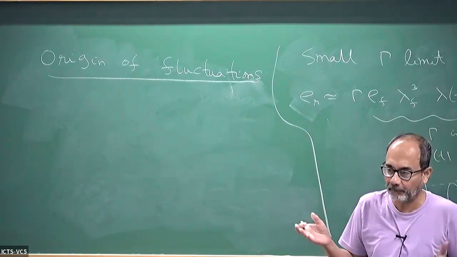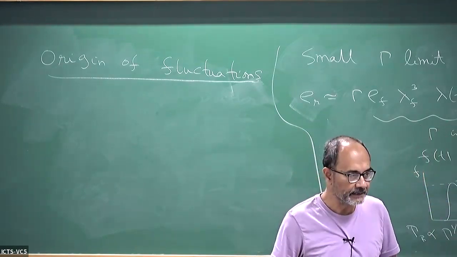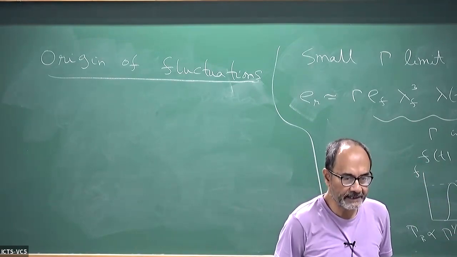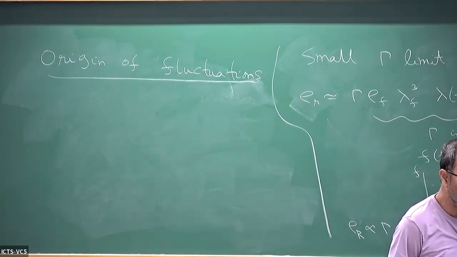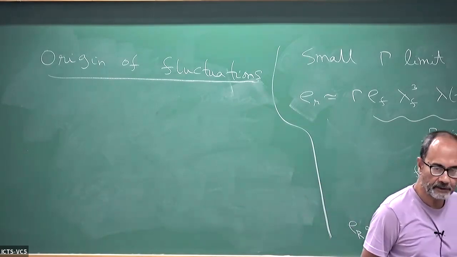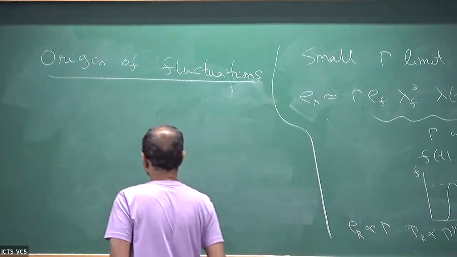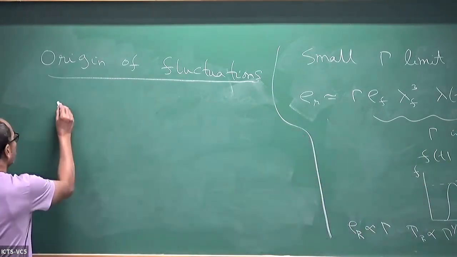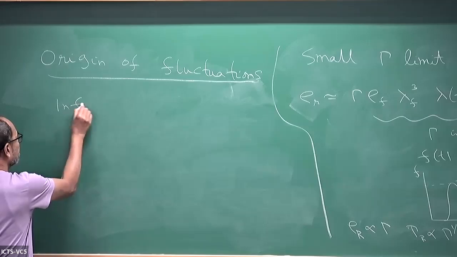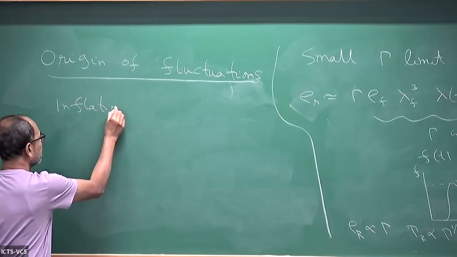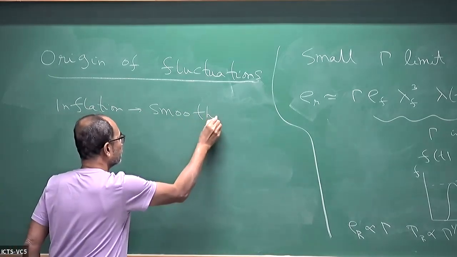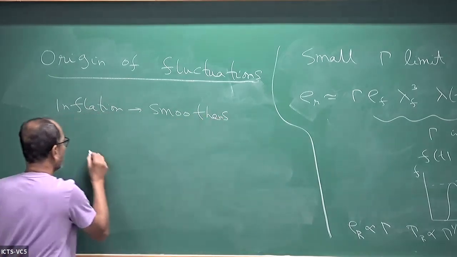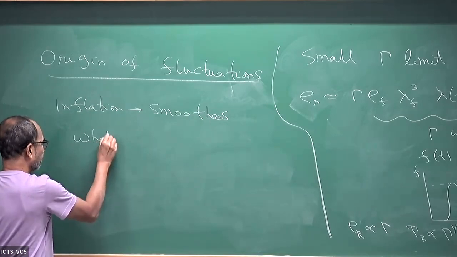We are not seeing a completely smooth universe. It's small in the sense that at the time of the CMB emission, it was 1 in 10 to the 5. Nevertheless, it's non-zero, and the question is what produced those fluctuations? So inflation smoothens. So what produced the fluctuations?